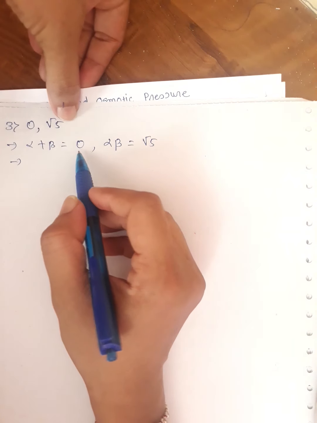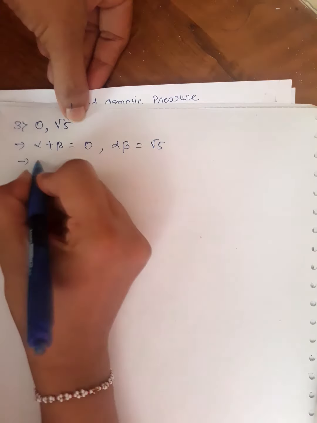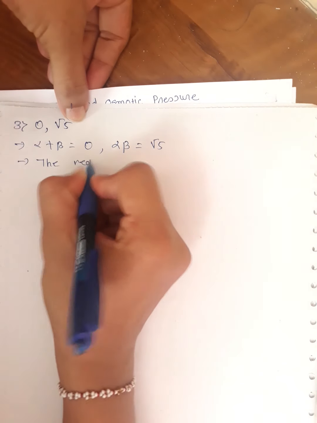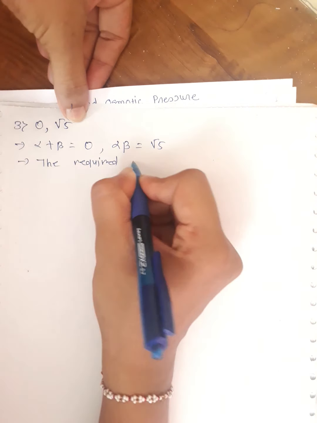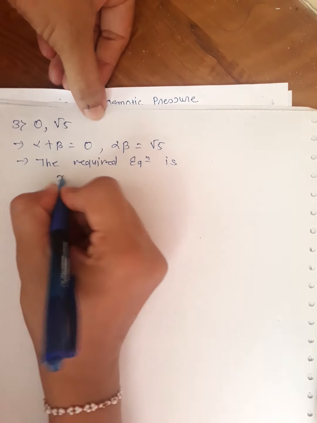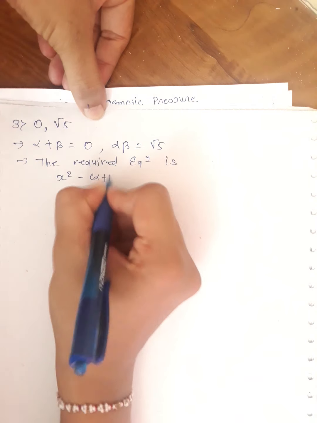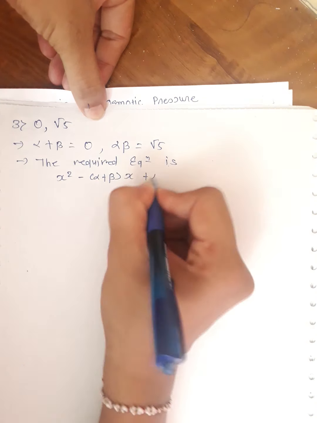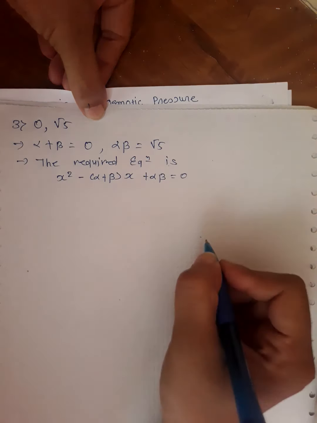So let's check what our equation becomes. Therefore, the required equation is x square minus (alpha plus beta) into x plus alpha into beta is equal to 0.